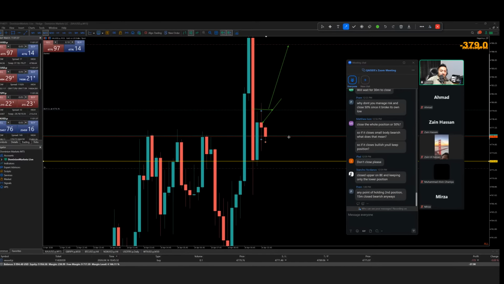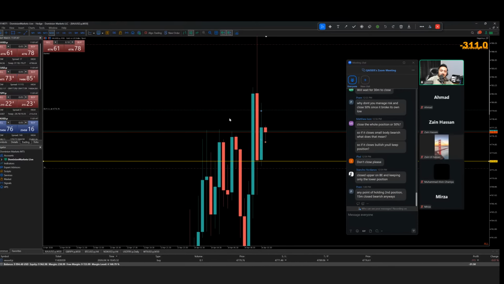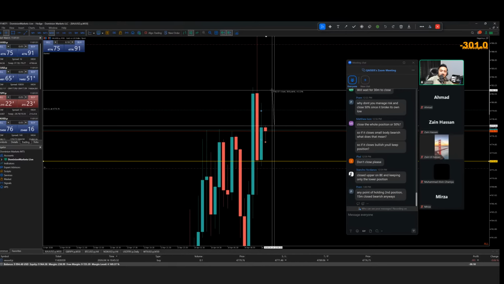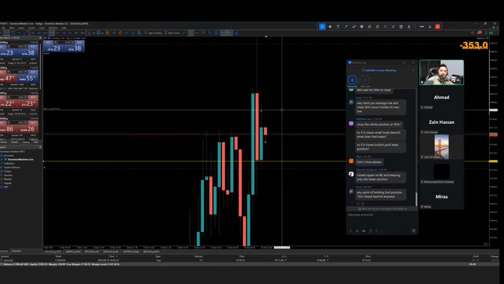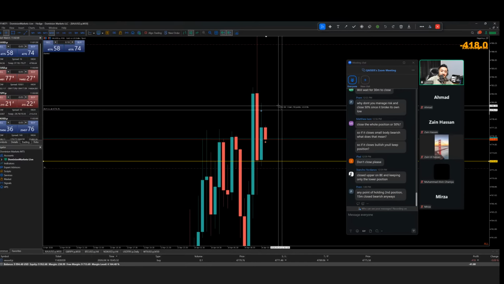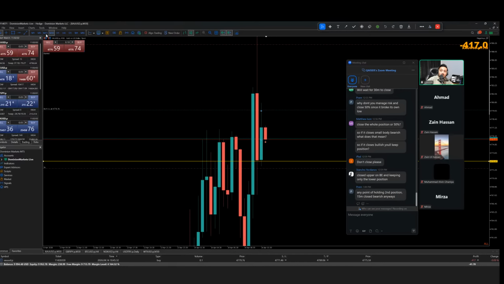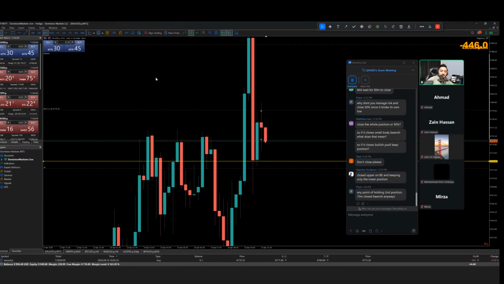So if you lose the volume, then why not close 50% position? Now even if you go to the 30-minute time frame, a confirmation candle here, you can still see that this 30-minute has resistance on the left-hand side. So once the market goes in my favor, suppose 20-30 pips, and again starts rejecting from that area and comes back to my break even, I might close my complete position there.